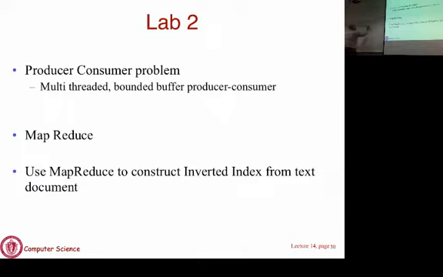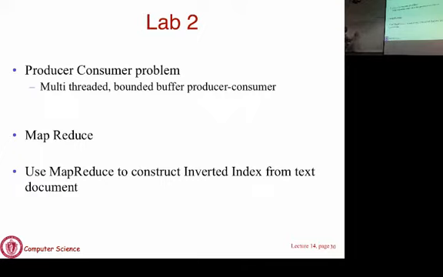You're given some files which have text. You're supposed to analyze this text in parallel, because there are lots of files, and construct an index over these files. The index is basically a list of words which appear in the text, with a list of where the words appear.